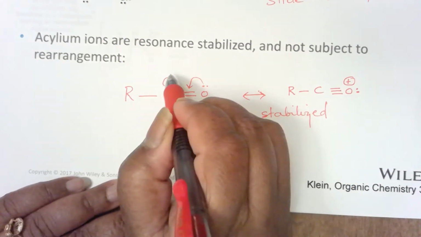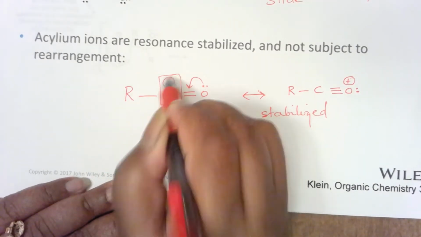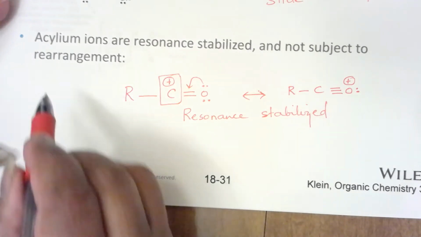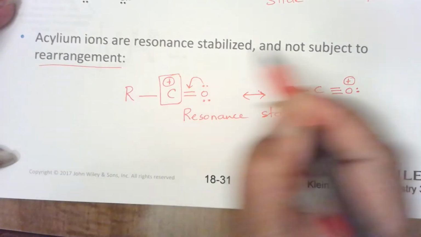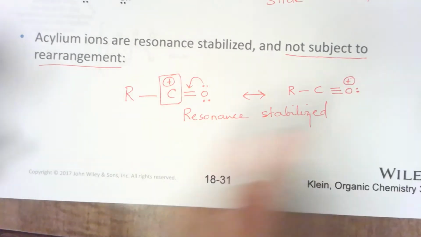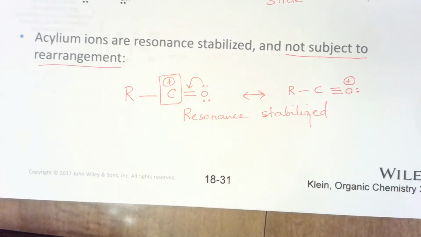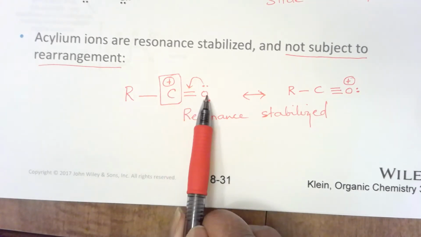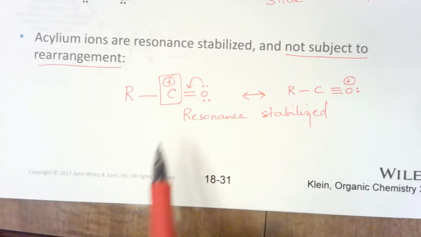And it does not allow the carbon with a positive charge to undergo rearrangement. Okay. So the acylium ion does not undergo rearrangement because the positive charge on the carbon is shuttling between the carbon and the oxygen.